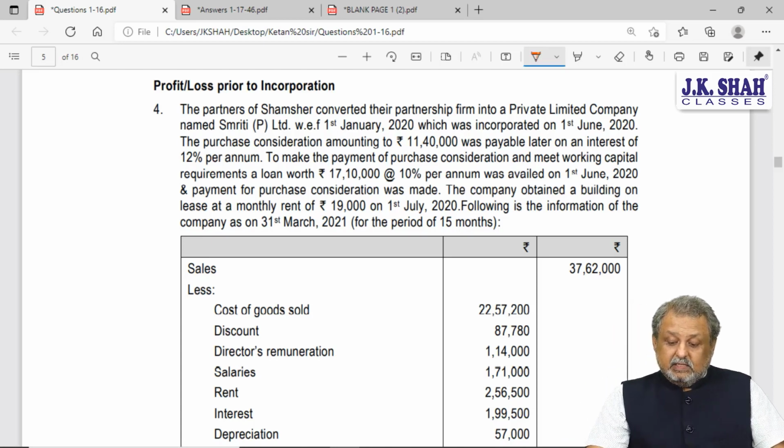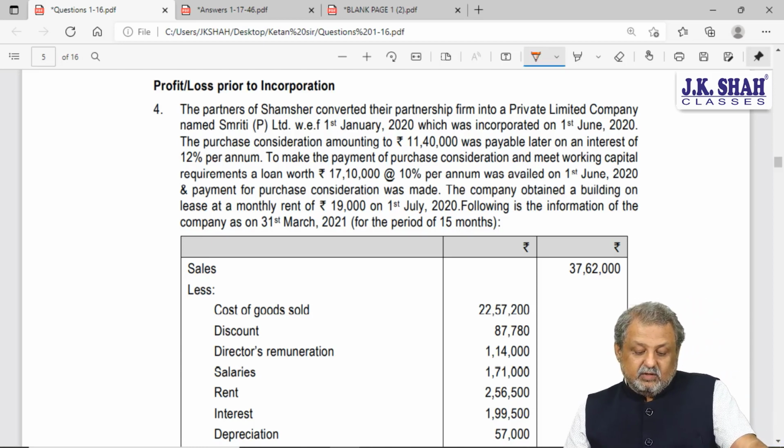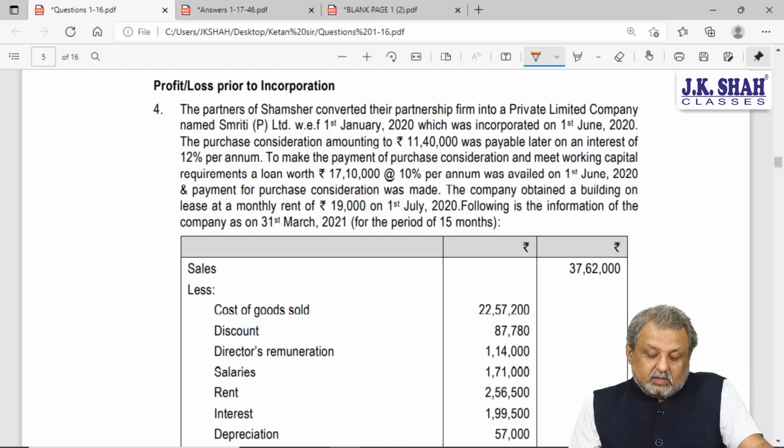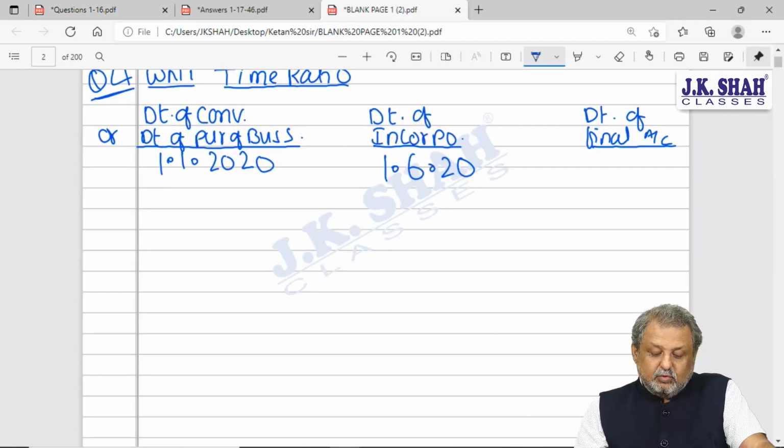So the interest was paid on 1st June 20 and the purchase consideration was also paid on 1st June 20. So here there are 2 more pieces of information. We will leave 2-3 lines and write working note 2.